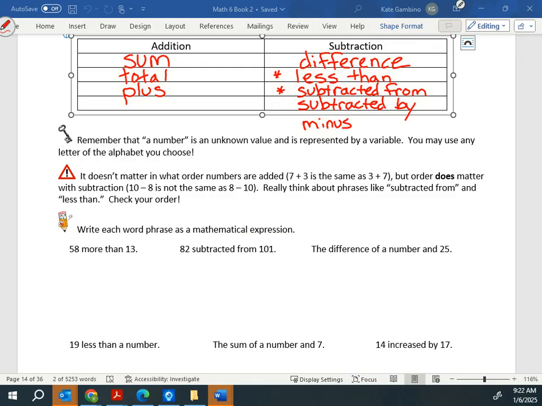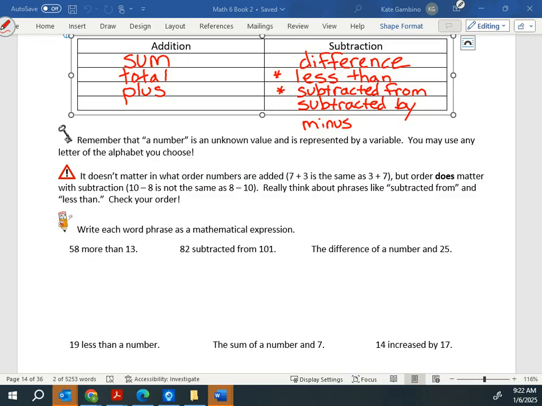It's just any letter. It doesn't matter in what order numbers are added. So when we see the sum, what is the sum of 7 and 3? That could be 7 plus 3 or 3 plus 7. They're both going to equal 10. So it doesn't matter. It can go either way.